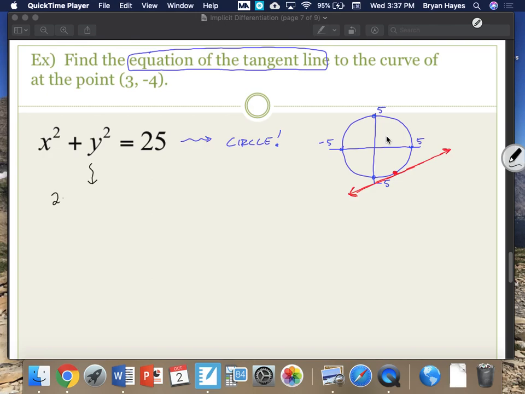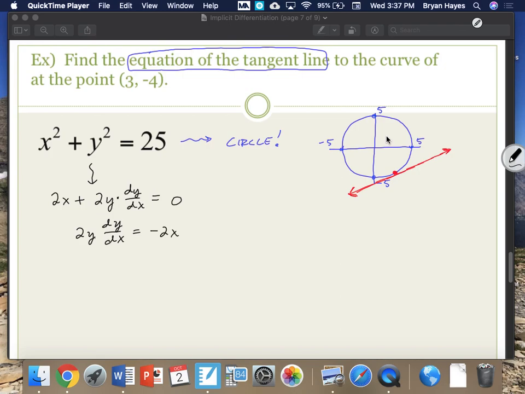Derivative of x squared is 2x. Derivative of y squared is 2y. Got to attach the dy dx. And the derivative of 25 is 0. Let's move the 2x over, so we'll have 2y dy dx is equal to negative 2x.